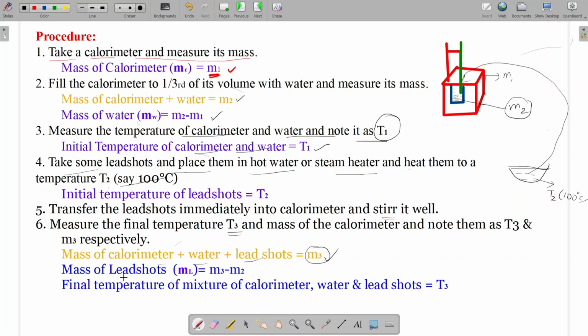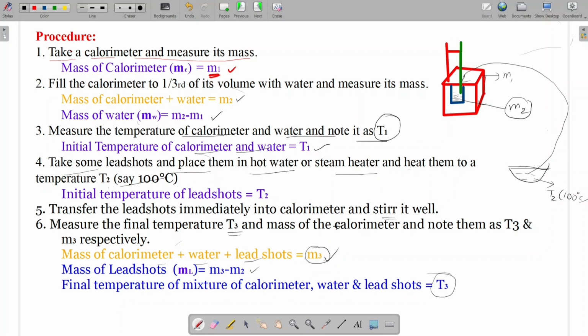So the mass of lead shots is m3 minus m2. The final temperature of the mixture, we already noted as T3 degree Celsius. I already said that these blue colored readings are important for the derivation of the formula for finding the specific heat of lead shots.